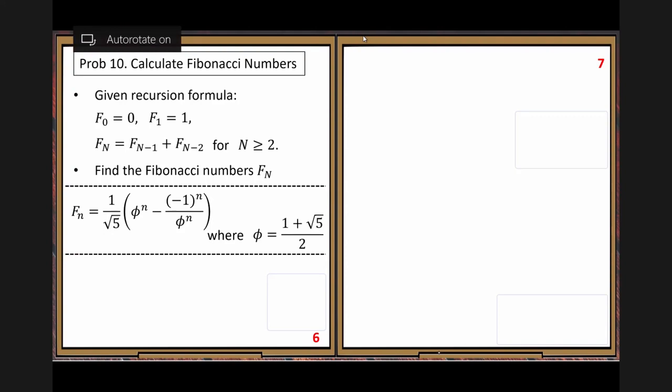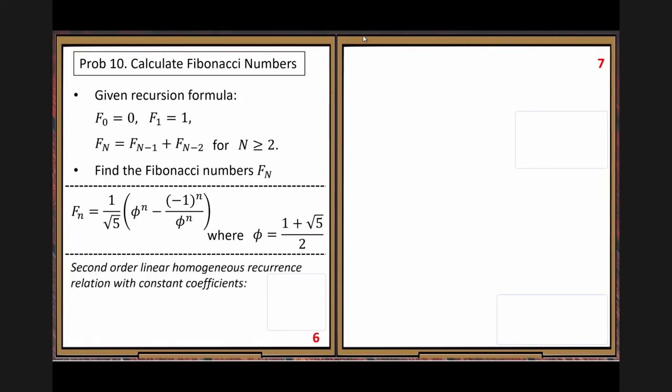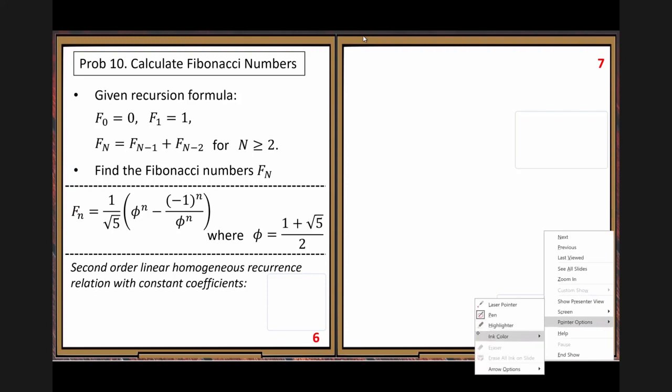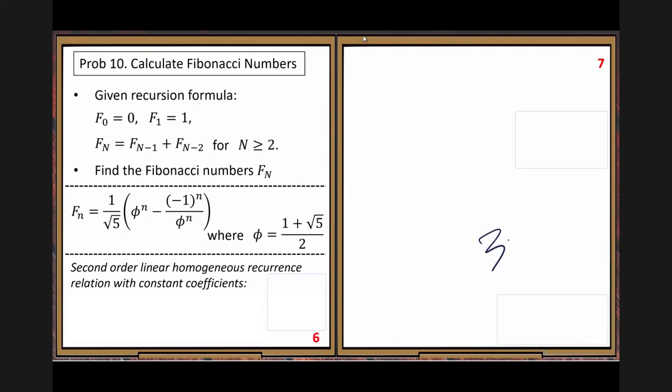Yeah. So here we derived. So here our goal. We want to solve this recurrence relation.